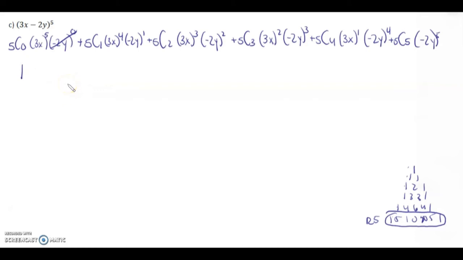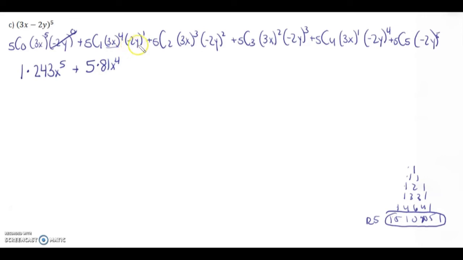So if we do 3 to the exponent 5, we get times 243 x to the 5. Okay, next one. 5 choose 1 is 5. Now, 3 to the exponent 4, I'm going to put that in my calculator. We get 81. So this is 81x to the 4.